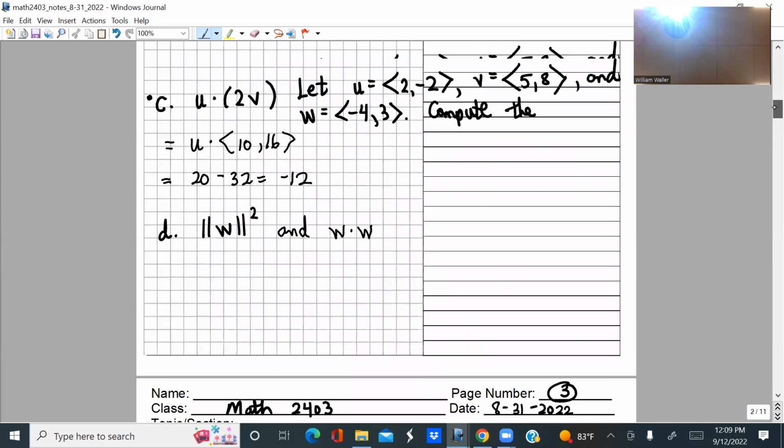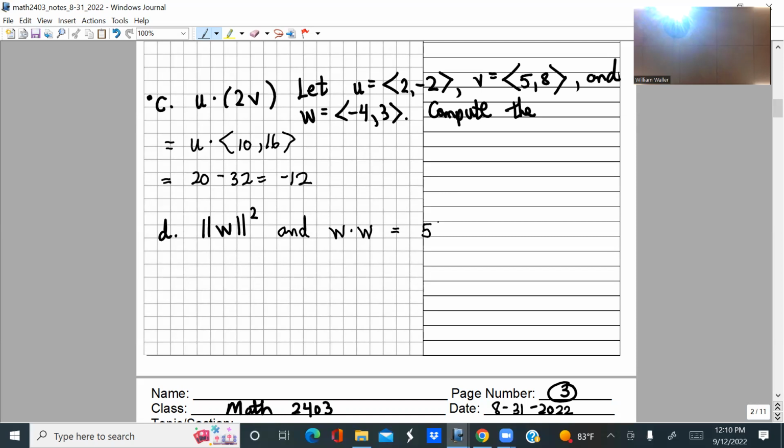The next part, D, just makes an observation for you. Not really all that interesting, but when you take the dot product of a vector with itself, of course, what you're going to be doing is multiplying the components times themselves. So in other words, you're squaring the components.